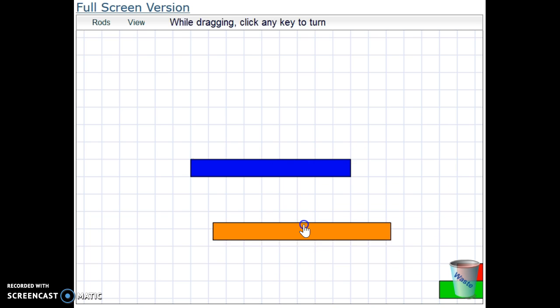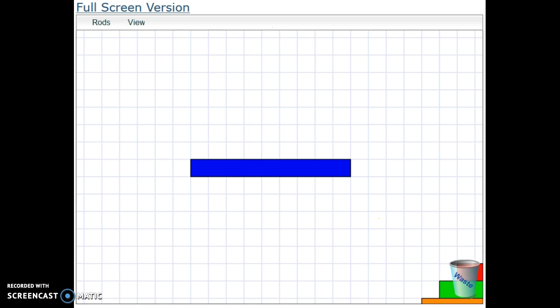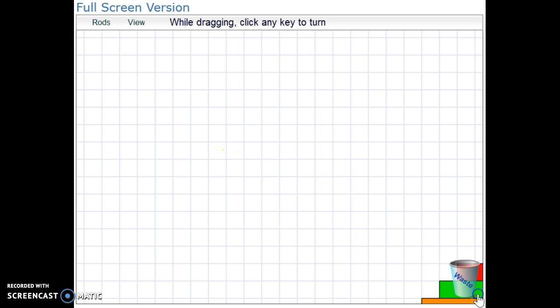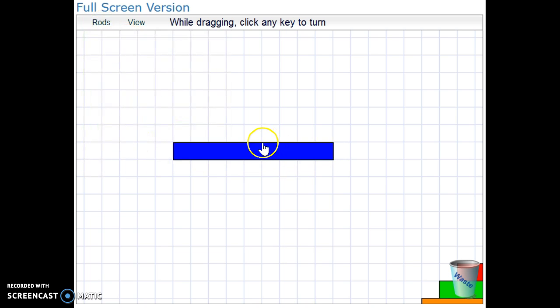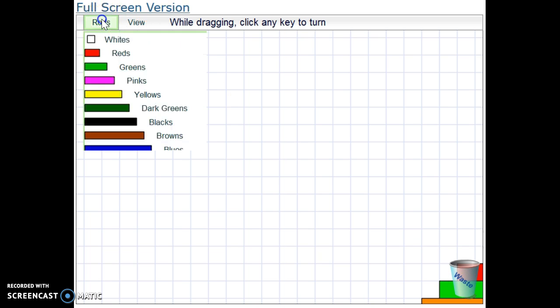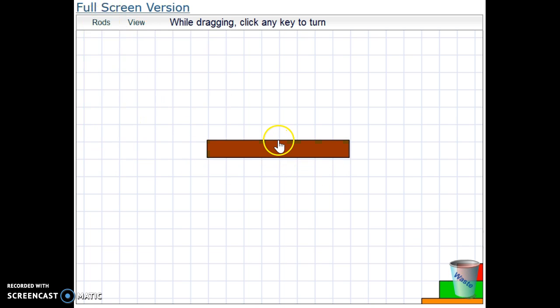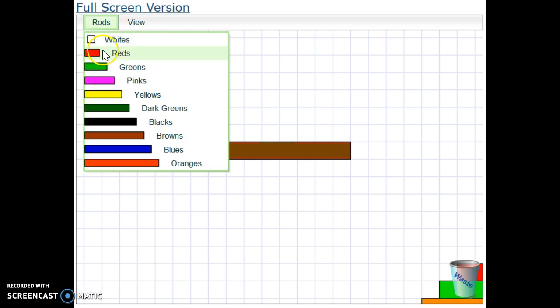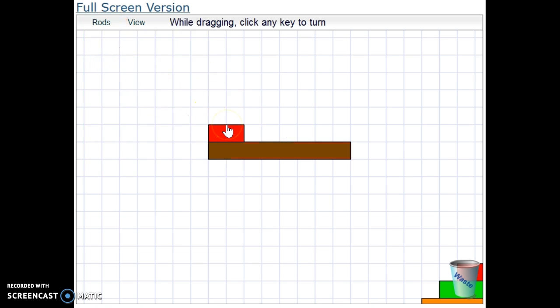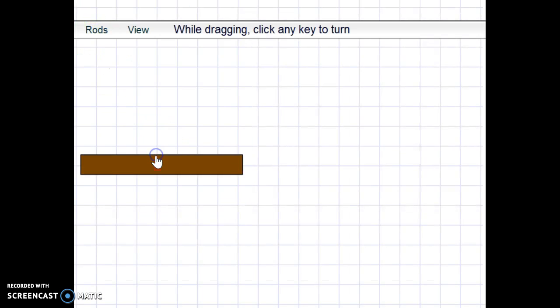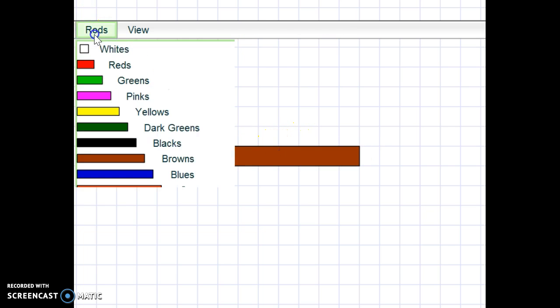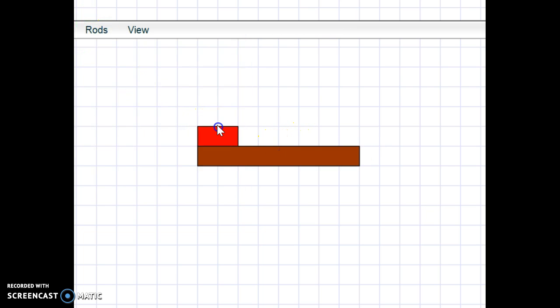If the brown rod is the unit, what does the red rod represent? Does the red rod represent 1/4? So we need the brown rod. Is the red rod 1/4?